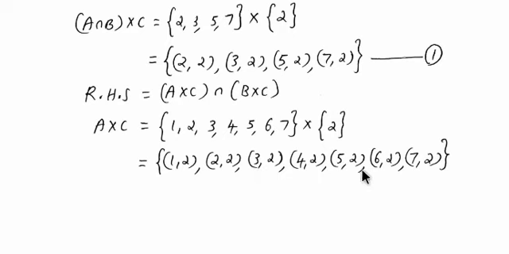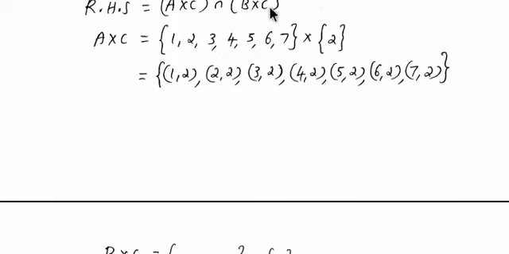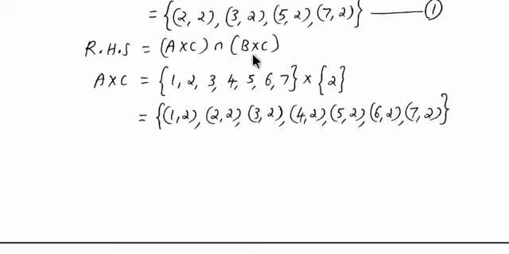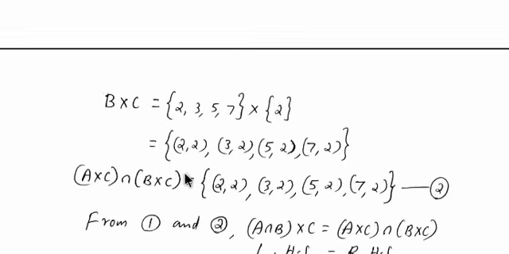Do as in the previous problems in exercise 1.1. Then find out B × C. B is this set. Then put this cross. Then write the set C. Then take the cross product. We will get this set.